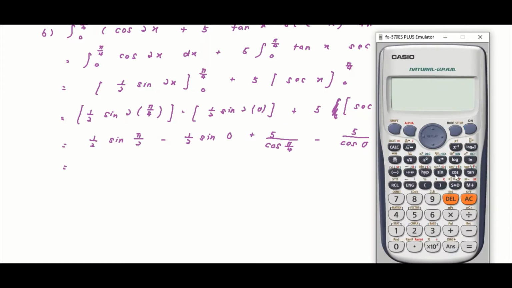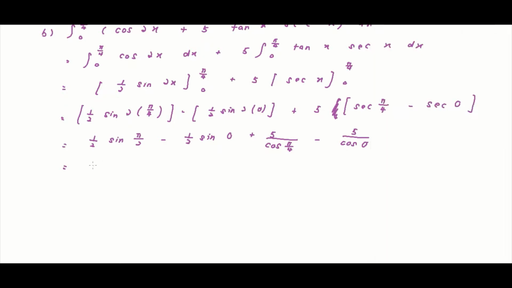For example, I have 1 over 2 multiply sine pi over 2. This is like when you're lazy to think. So you have 1 over 2 here. For sine 0, it's easy, 1 over 2 multiply with 0, then you get 0. Then plus.